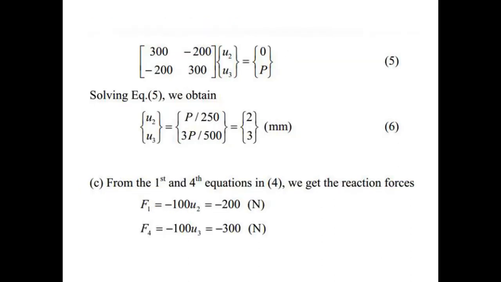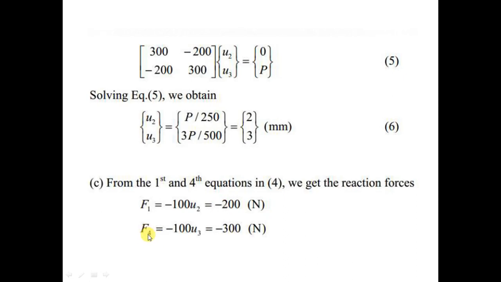So F1 is equal to minus 100 into U2. U2 is known, that is 2, so 100 into 2, that is minus 200 Newton. That means the reaction force is 200 Newton, and the minus sign is because it acts in the opposite direction, the minus x direction.